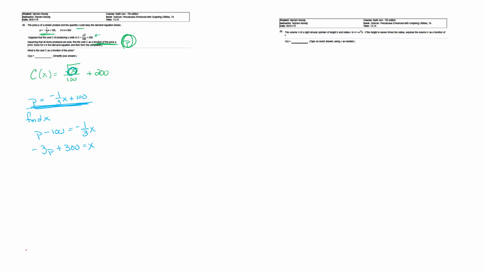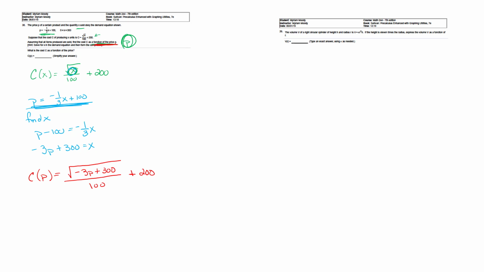It is now time to take your C of X and rewrite it, which means you're now going to write the square root of negative 3P plus 300, all over 100, and added onto that fraction is 200. Now your cost function is no longer in X.